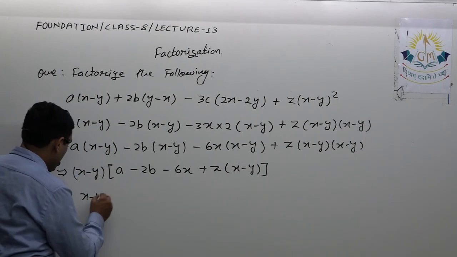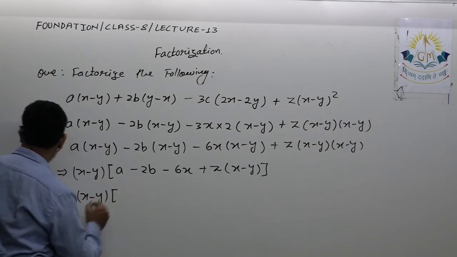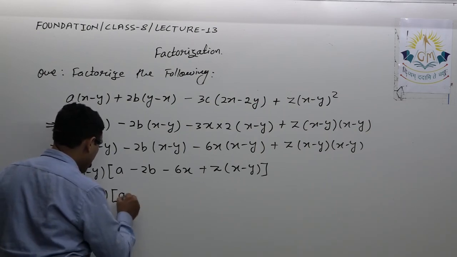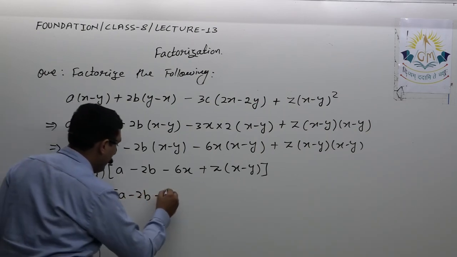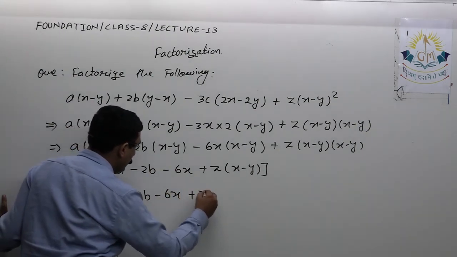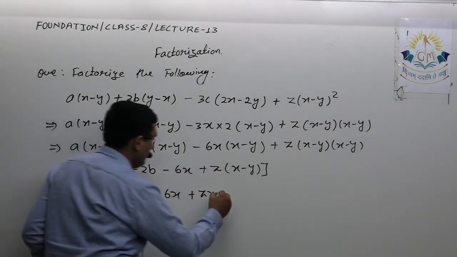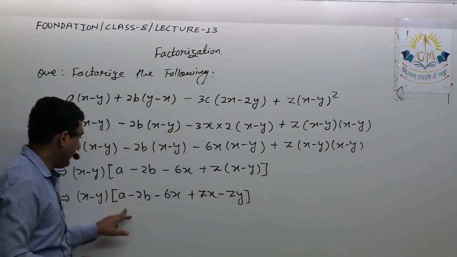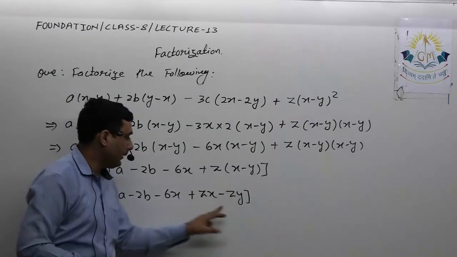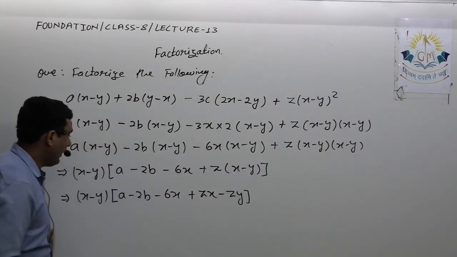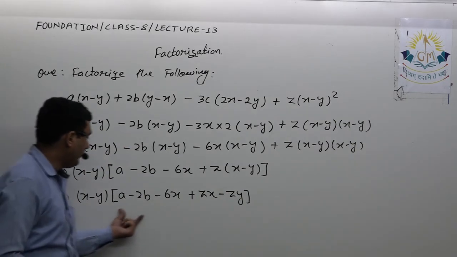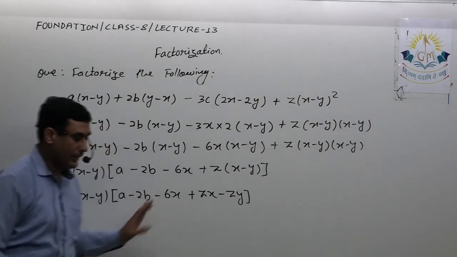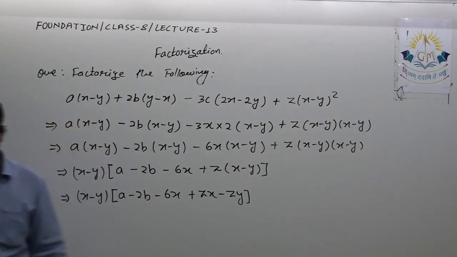So here it is x minus y as it is, and here it is a minus 2b minus 6c plus zx minus zy. So this is my final answer. I took x minus y common in the first bracket, and I am left with this complete expression in the second bracket. So please note it down.